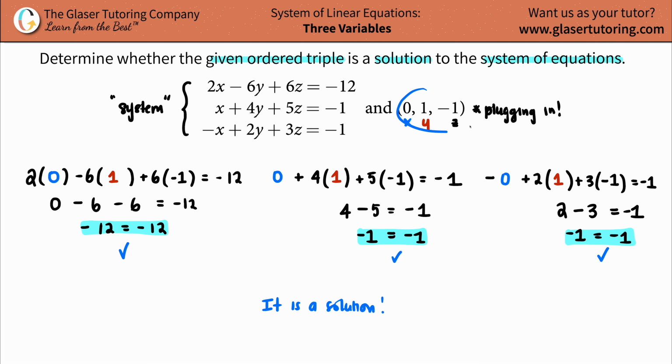Which means that this ordered triple is the coordinate triple. I can't say pair because now we're dealing with x's, y's, and z's, but it's the triple in which all of these equations communicate with each other at one specific moment, which is this triple. So in this case, it is a solution.